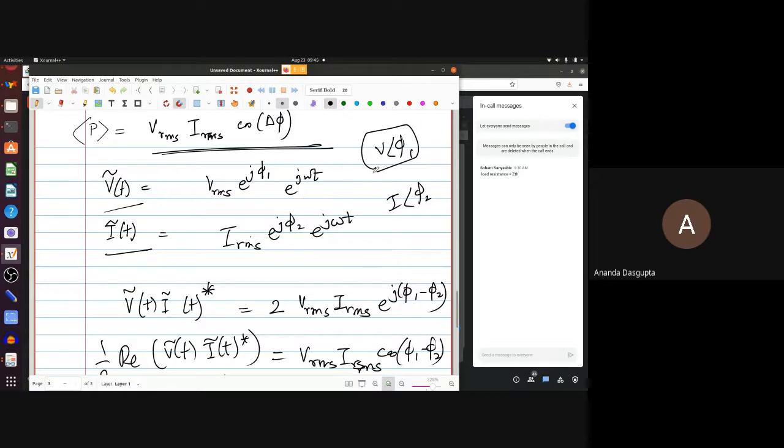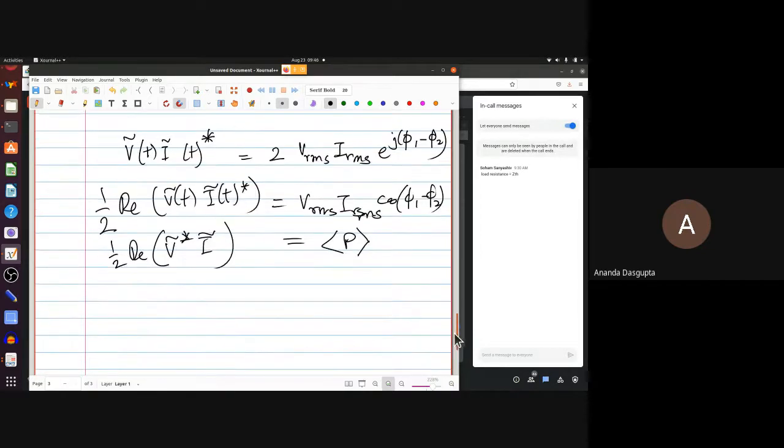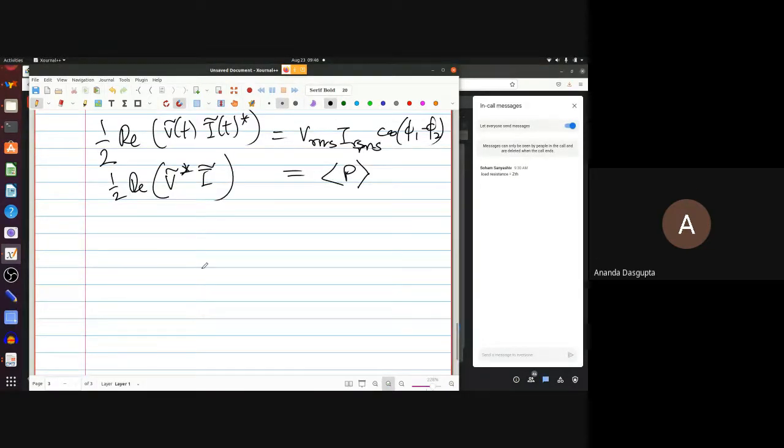The V here is actually the RMS value. Then this immediately gives you this calculation. Is it okay? So this is really a way of getting the right formula while using the complex exponentials. Does that make sense?